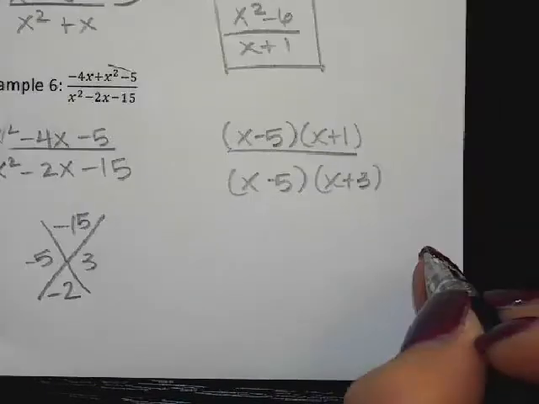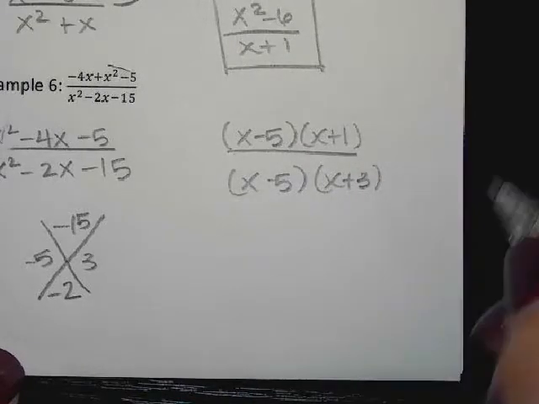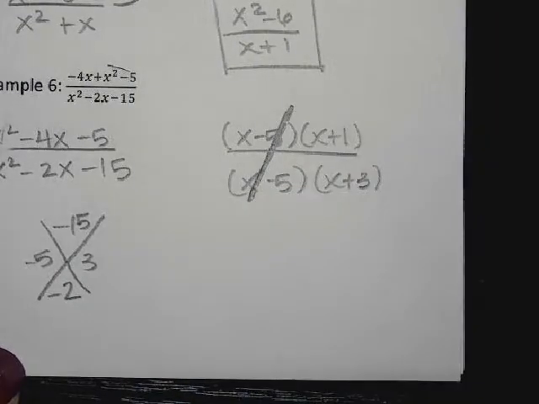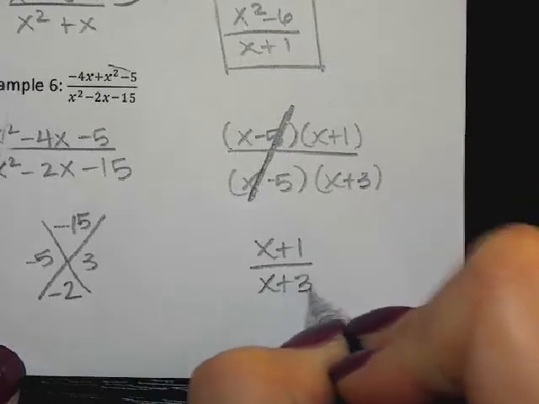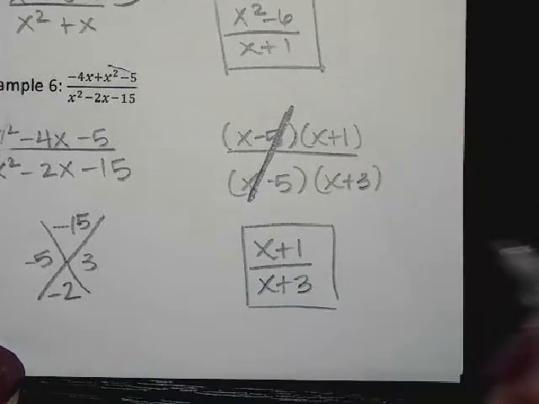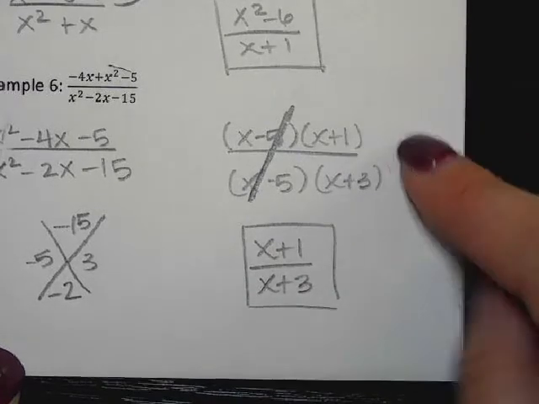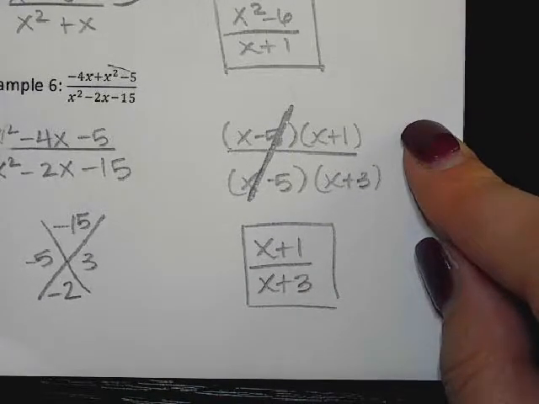Okay, and then what do we see? Those canceled, they divide to make a 1. And then we have x plus 1 over x plus 3. And we are done. We cannot cancel those because the parentheses are not identical.